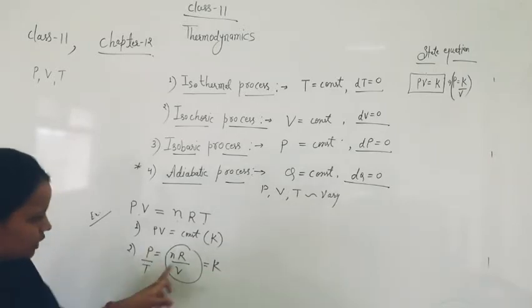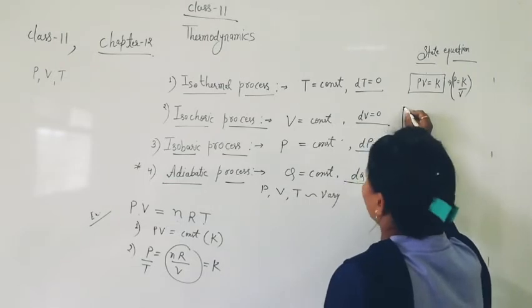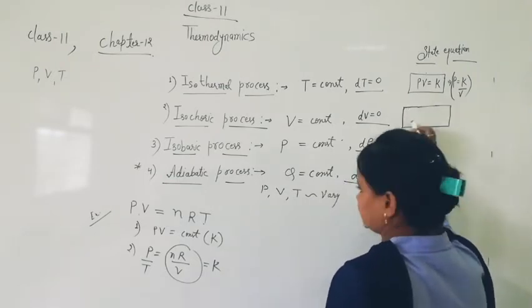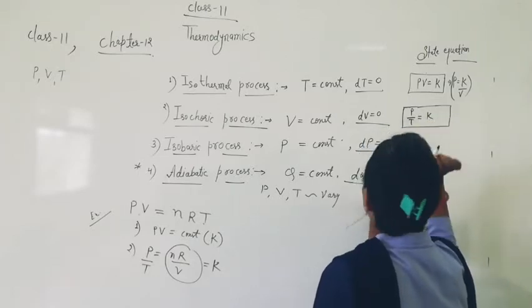Then P upon T is equal to the constant K, which is the state equation for the isochoric process.